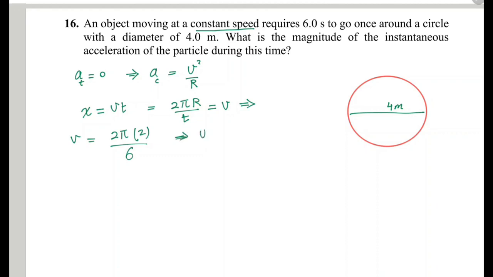So v in this case equals 2.1 meter per second. You substitute this back in the central acceleration, so acceleration equals 2.1 square divided by 2, or 2.2 meter per second square.